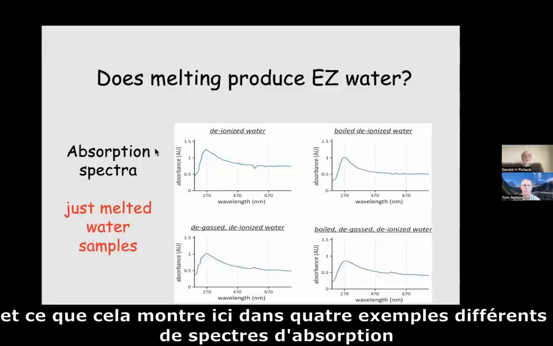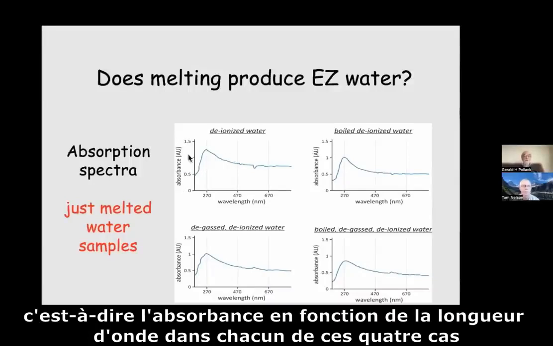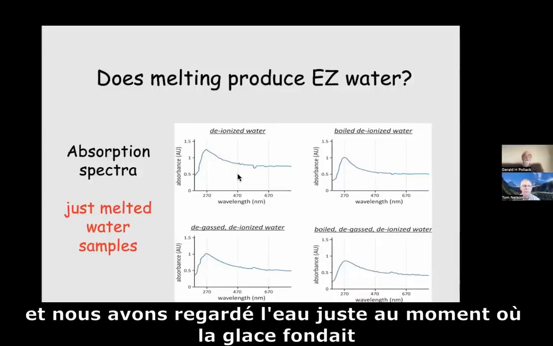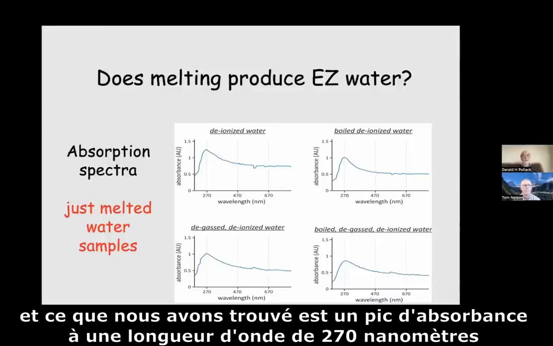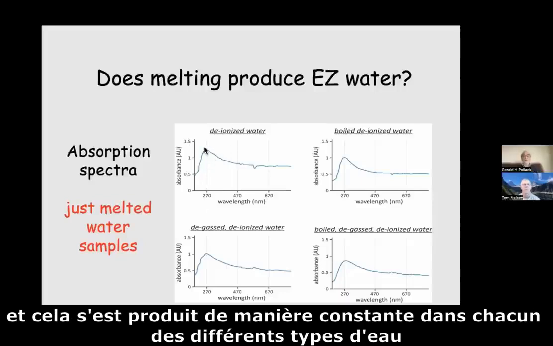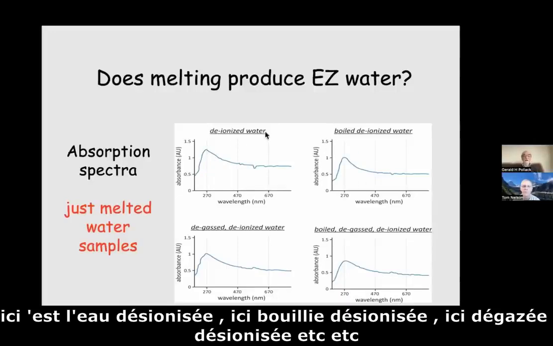What this shows here is four different examples of absorption spectra, that is, the absorbance versus wavelength in each of these four cases. We looked at the water just as the ice was melting, and what we found is an absorbance peak at 270 nanometer wavelength. It occurred consistently in each of the different kinds of water: deionized water, boiled, deionized, degassed, deionized, et cetera.